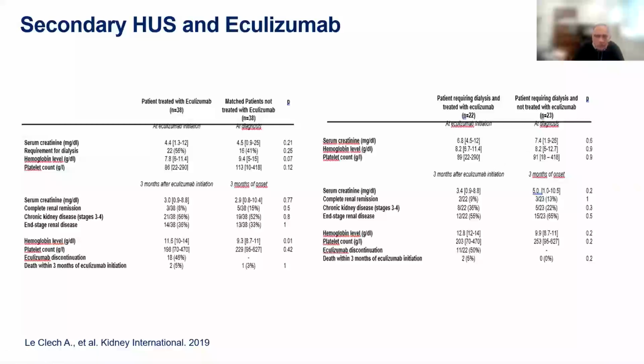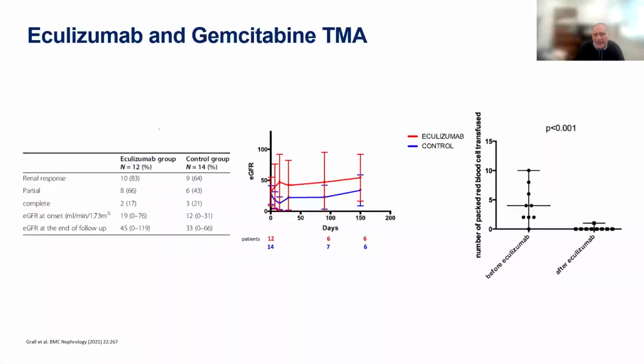So basically, what I'm trying to say is that at our institution, for drug-induced TMA, we do not use eculizumab. In some cases, somebody had used it as a desperate measure, and it really didn't make any difference. There is a paper, not from our institution, comparing eculizumab versus control in a retrospective analysis.